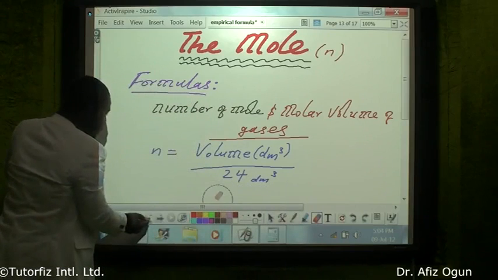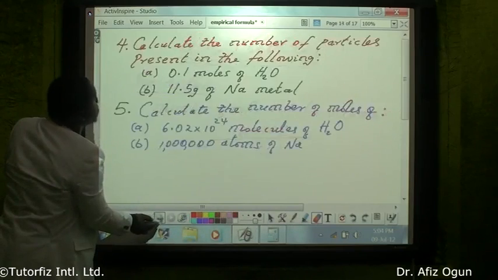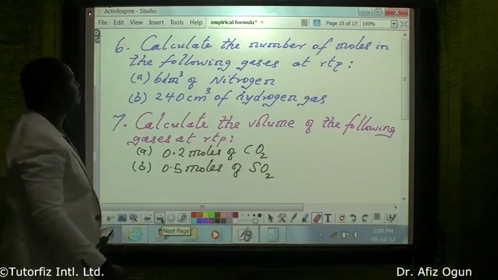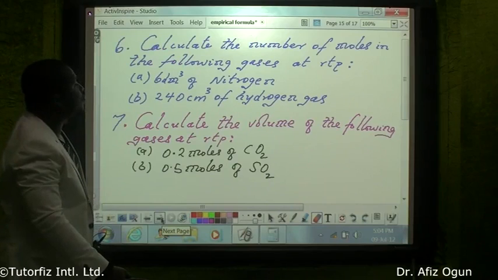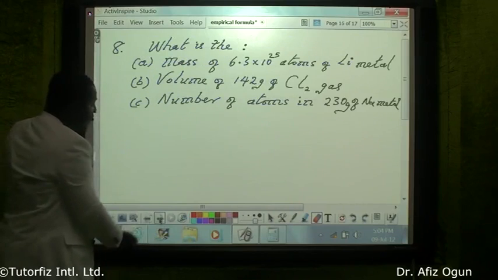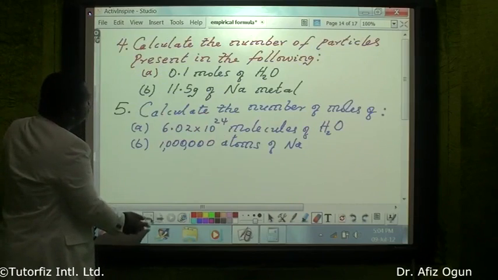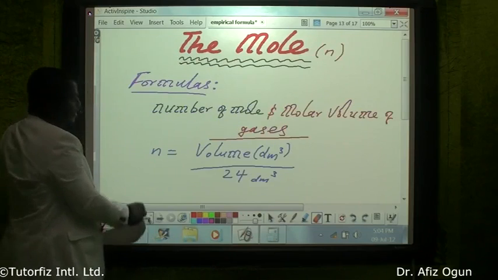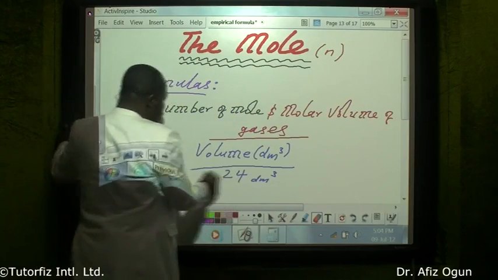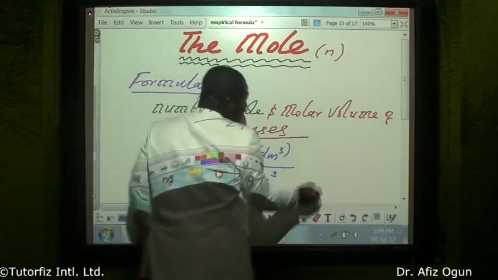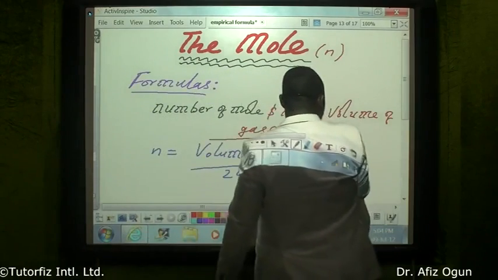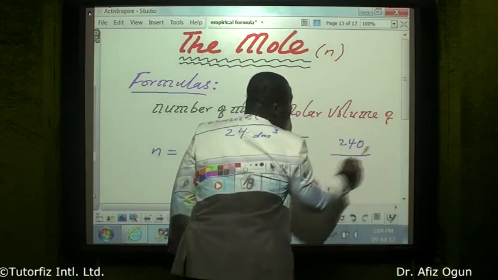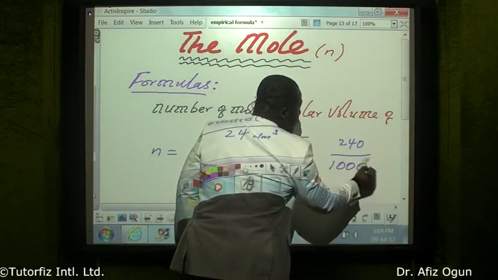Now again, another one. 240 cm cube of hydrogen gas. 240 cm cube of hydrogen gas is the same thing as 240 divided by 1000.